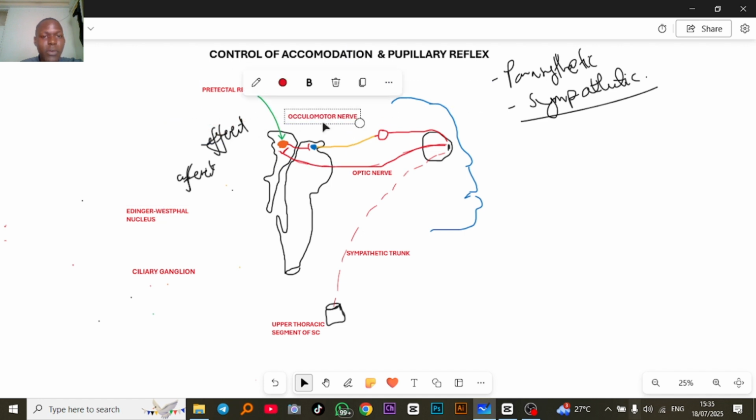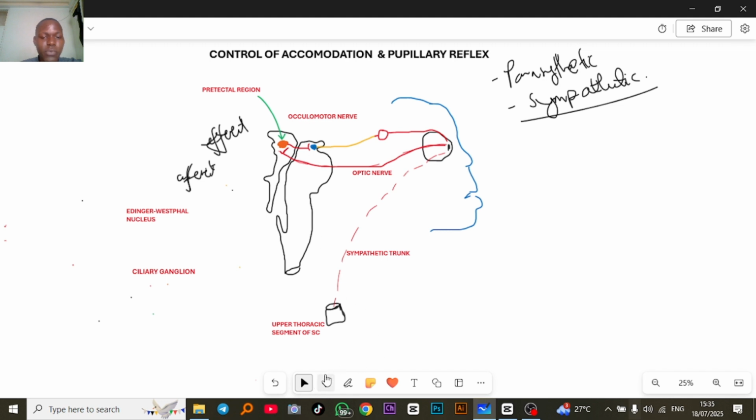Remember I said that the oculomotor has two parts. It has the visceral and the parasympathetic. The visceral is what we saw earlier, the supply to the muscles, whereas the parasympathetic part is this one now. The parasympathetic of the oculomotor nerve, that is cranial nerve 3, is the one involved in the pupillary reflexes.